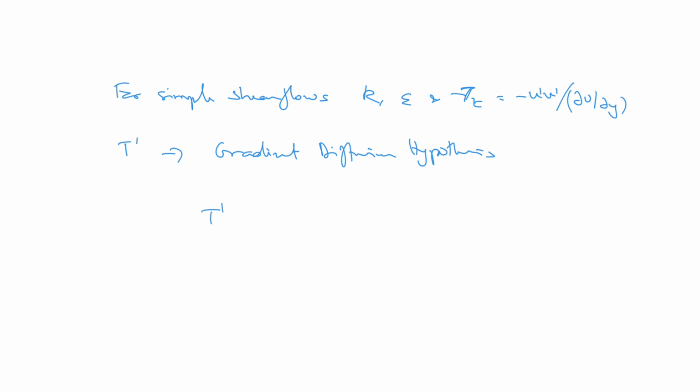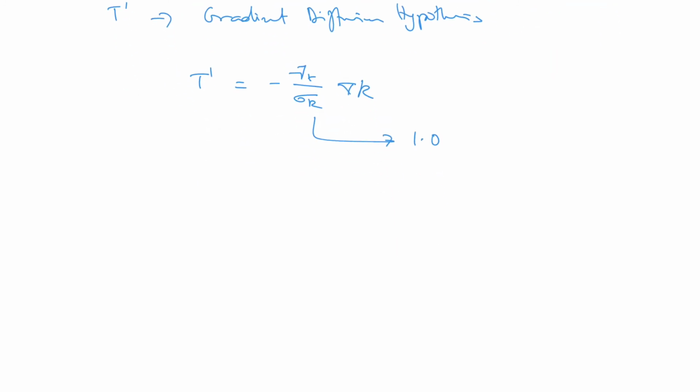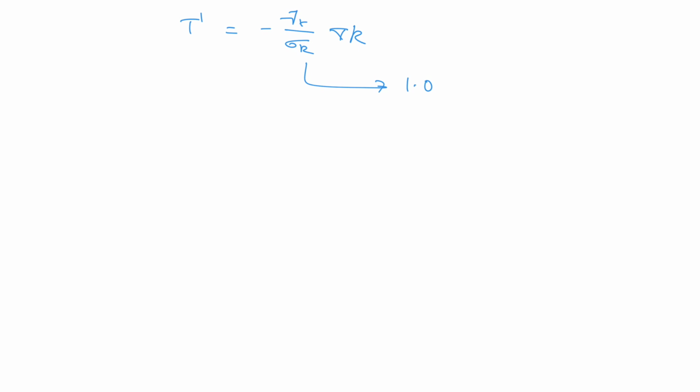Hence this t dash can be modeled as minus nu t by sigma k del k, wherein this turbulent Prandtl number for this turbulent kinetic energy, this sigma k usually is taken as 1. So this diffusion and turbulent viscosity will be equal.